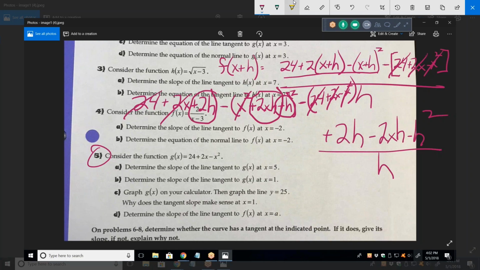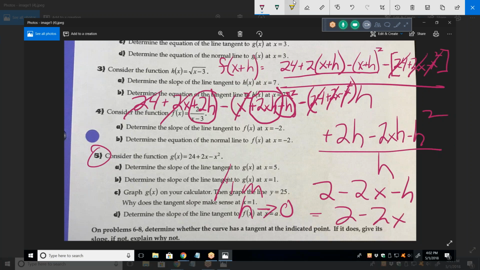Well, notice now I can divide top and bottom by h, giving me 2 minus 2x minus h. What I want to do is find the limit of that as h goes to 0. Well, what is that? 2 minus 2x, right? Power rule, I got there in 5 seconds. Apply the power rule to that, you get 2 minus 2x.